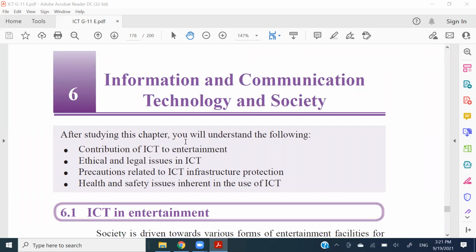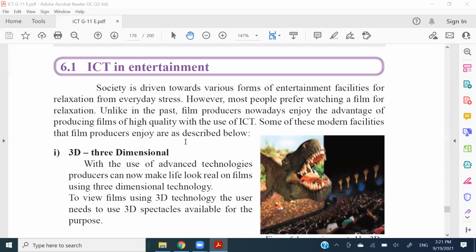This is something very familiar to you. Most of the contents in this lesson are not very alien to you, those are the things that you know. So I can run very fast and we will write down the most important things. First of all, they are talking about ICT and entertainment, and you know what things we can use.